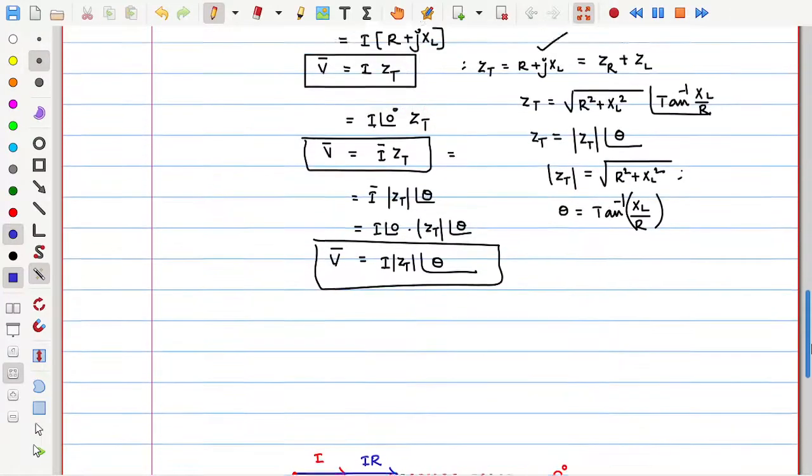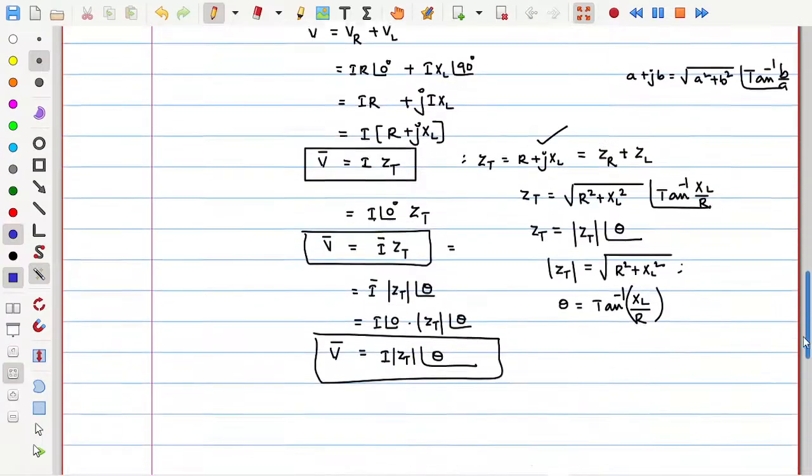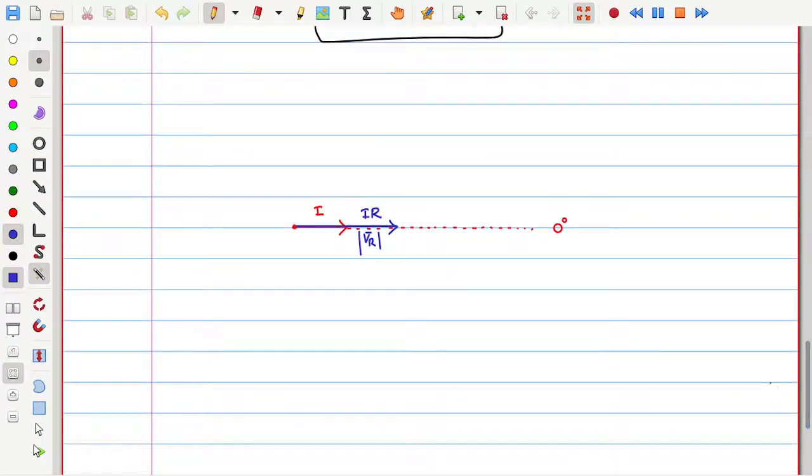Next, once VR is completed, let us move on to VL, which is I XL at an angle of 90. I XL at an angle of 90. So now see where the angle 90 degrees is. Plus 90 degrees. Plus angles are measured in which direction? Counterclockwise direction. And minus angles, negative angles, are measured in clockwise direction.